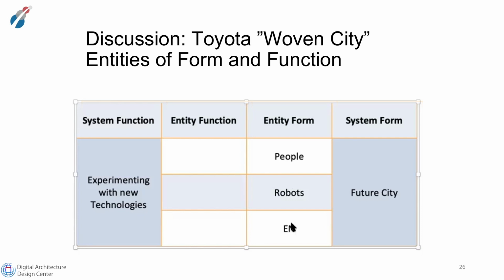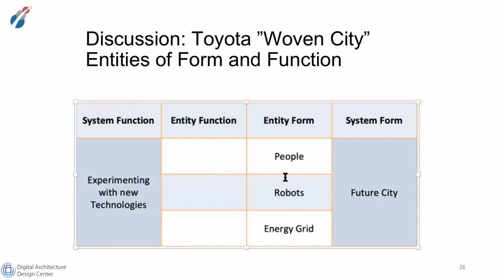Energy. AI. Finance. Yes. Buildings, houses, roads, car, government, automation, digital twin, university. Okay, wonderful. So all of those are great.